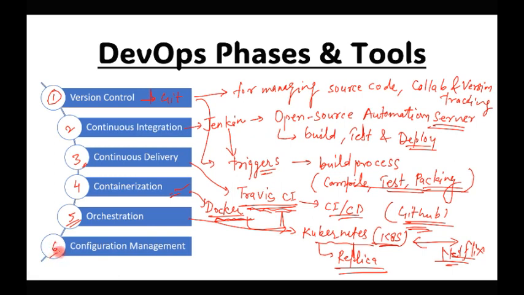Now we will talk about the sixth phase, that is configuration management, and the best tool in this phase is Ansible. Ansible is an open source automation tool for configuration management, application deployment, and task automation. So what are the three things it does? Automate configuration management, app deployment, and task automation.